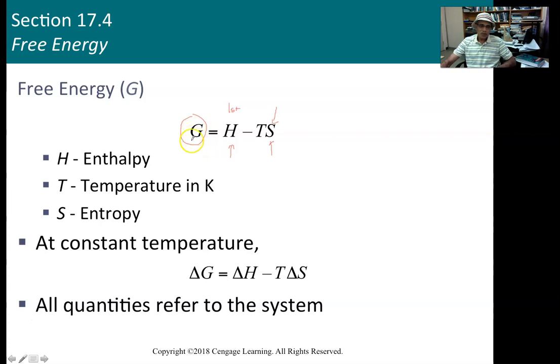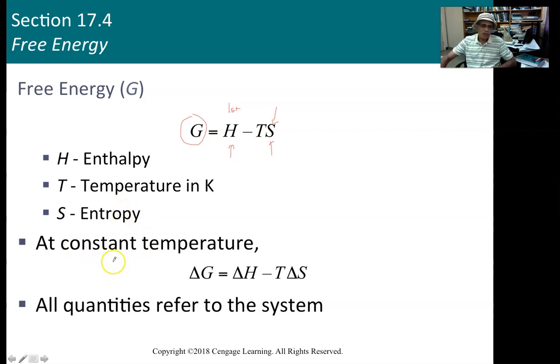So this is really one of the core parameters that we need to get a deeper understanding of in this chapter. Temperature here is in Kelvin, and S is entropy, and these are values related to the particular system that we're looking at.